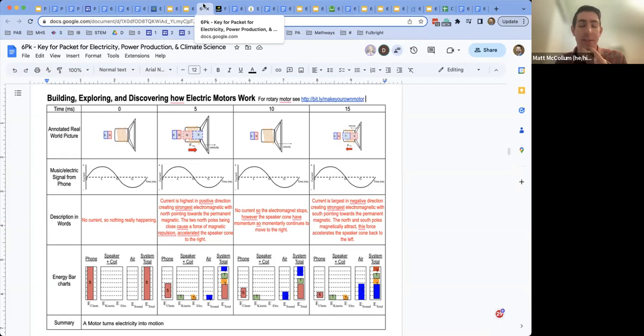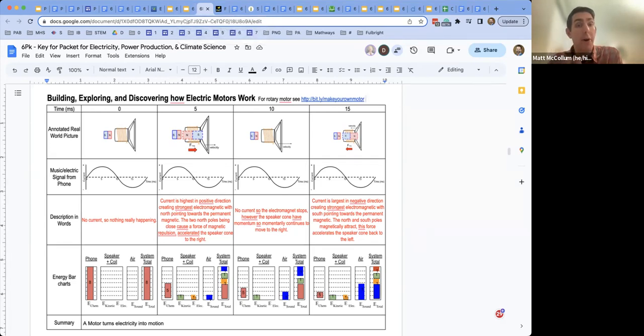Students are blown away. And so this idea of changing electricity into motion is a big one for them, and a super fun day, or a couple days you can even dive deeper into it.